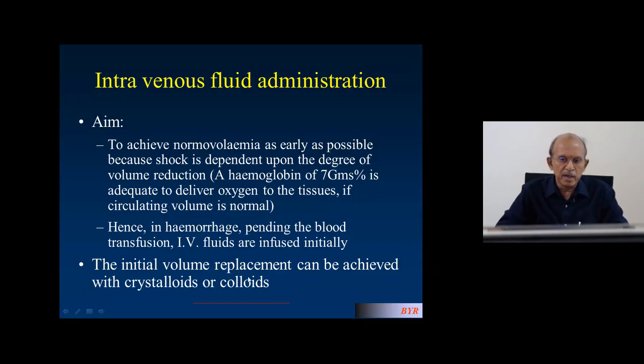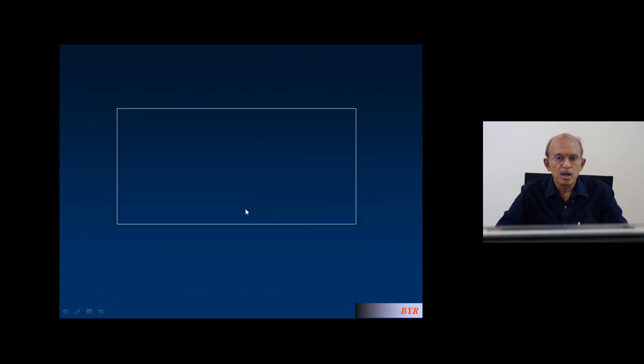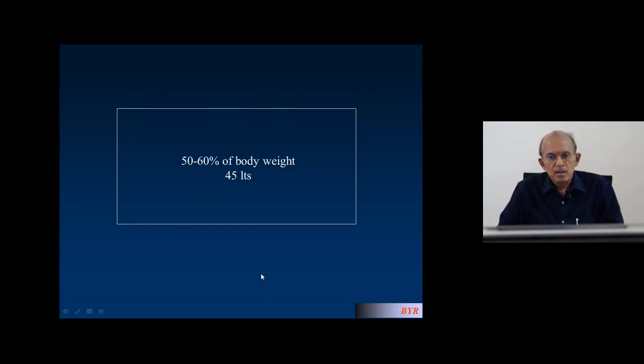Colloids, once upon a time, were used by a few surgeons, but nowadays they are not recommended. The recommended procedure is with the crystalloids. So what is meant by these crystalloids? And how much you have to give and what to give.